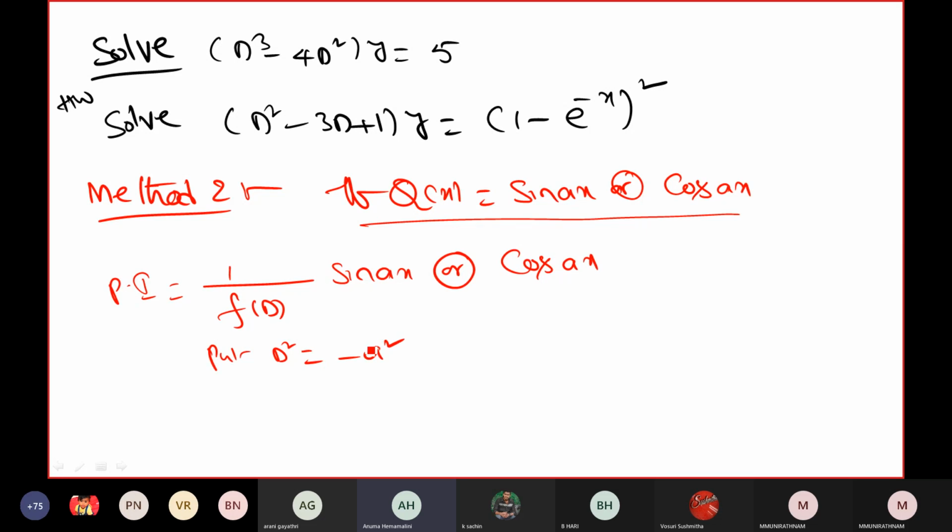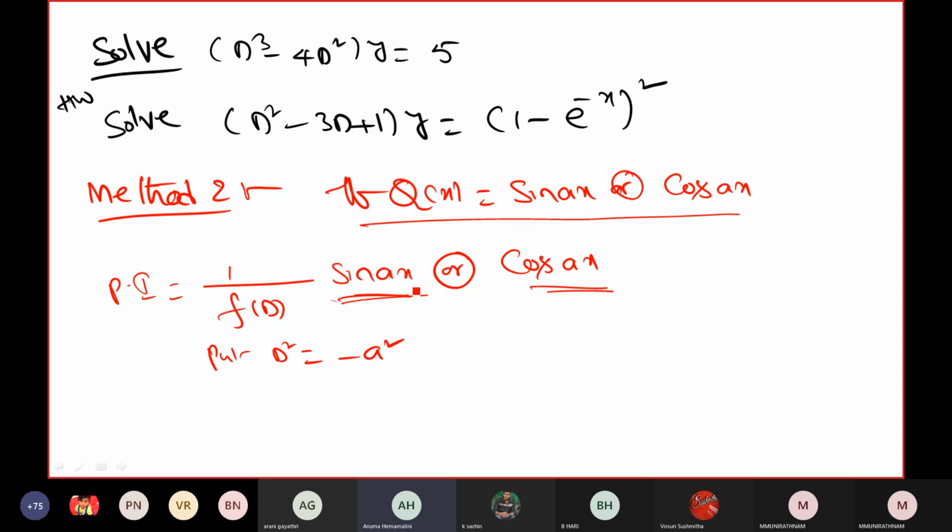D square, what to do, replace with minus a square. D square is minus a square. And keep in mind that this is only for sin ax or cos ax, not for tan, secant, cosecant, cot and all. Only for sin ax and cos ax.